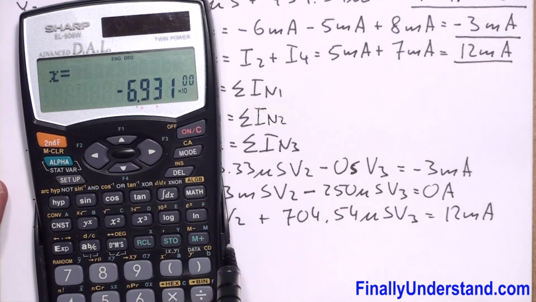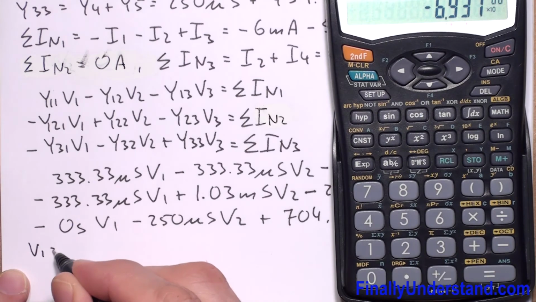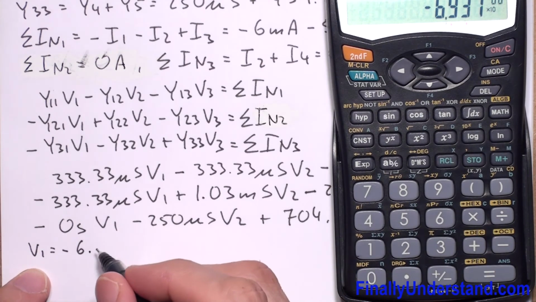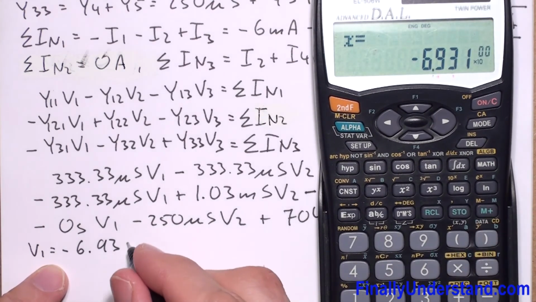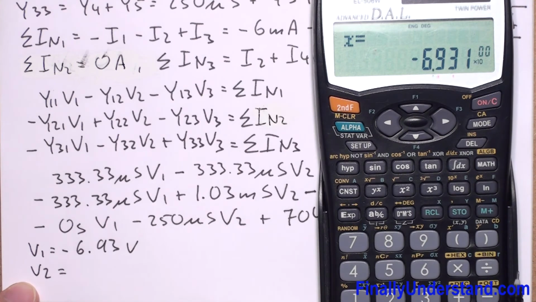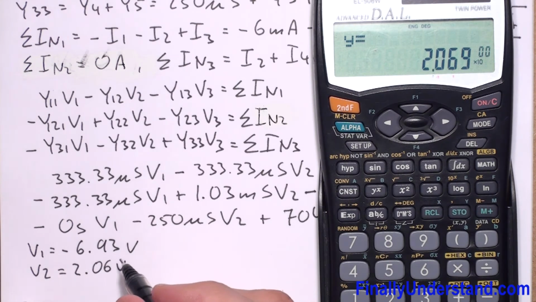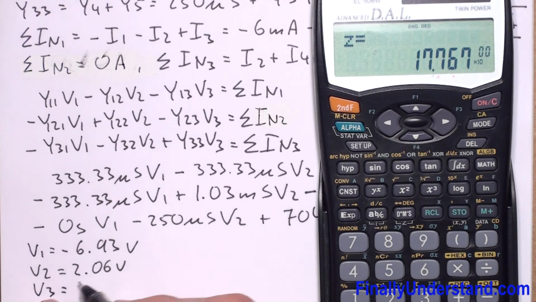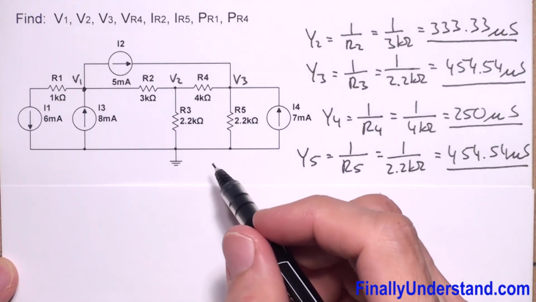This gives V1 equal to negative 6.93 volts. V2 is equal to 2.06 volts, and V3 is equal to 17.76 volts.